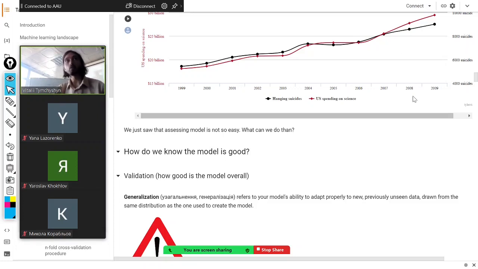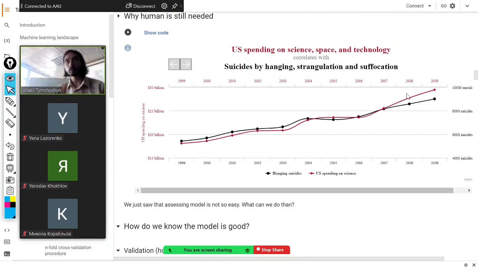But if you look at what this data is, you will see that this is basically the amount of money that the United States is spending on science, space, and technology, and the number of suicides by hanging, strangulation, and suffocation. So maybe if American scientists get so much money and get so happy about it that they go and hang themselves, I don't know why these things should be correlated so well.